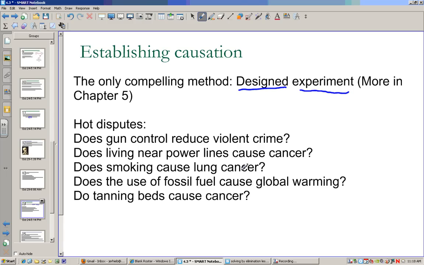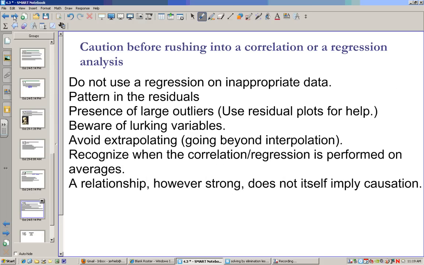It's hard to take 100 random individuals, tell 50 of them to smoke and 50 of them to not smoke, and wait 80 years to see which ones die of cancer and which ones do not. Or have people live near power lines and randomly choose them. People want to live where they want to live. So it's hard to develop some experiments.